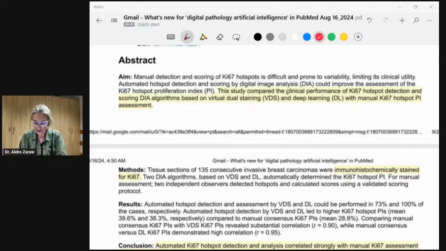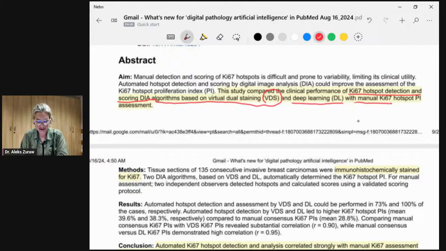So this study compared the clinical performance of Ki-67 hotspot detection and scoring digital image analysis algorithm based on virtual dual staining and deep learning with manual Ki-67 hotspot assessment. So we have two different algorithms and the manual.